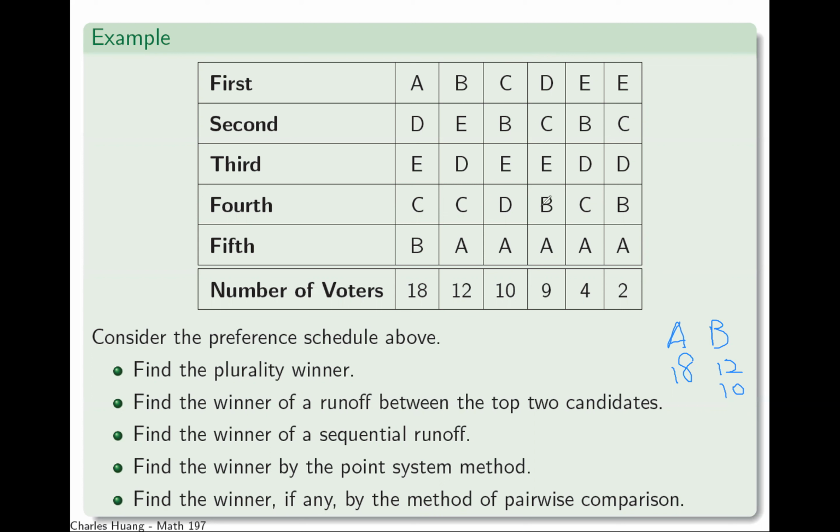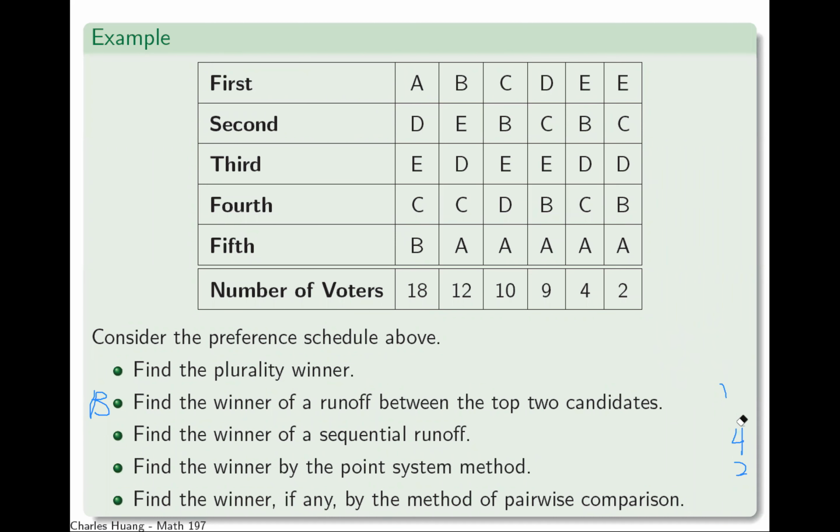They will still vote for B because they prefer B higher than A. So B will have 9. And in this case, B will have 4. And B will have another 2. As you can see over here, B has a lot more votes than A. B is the winner if I do a runoff between the top 2 candidates.